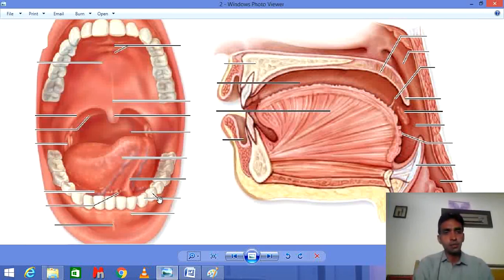The orbicularis and buccinator muscles contract combinedly. In the lips, orbicularis muscles are present, and in the cheeks, the buccinator muscles are present, and both of these contract during the chewing process.